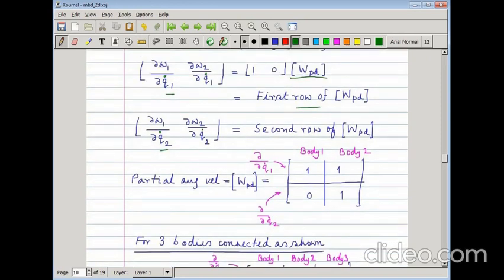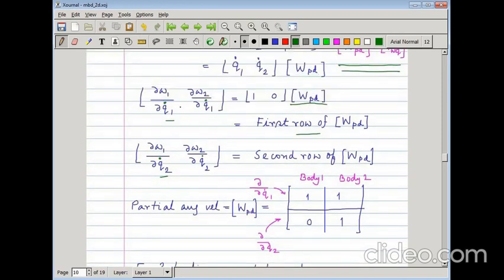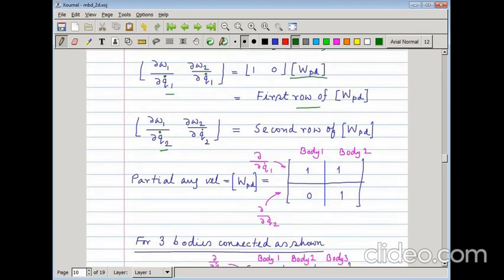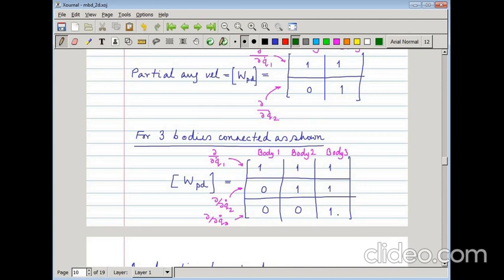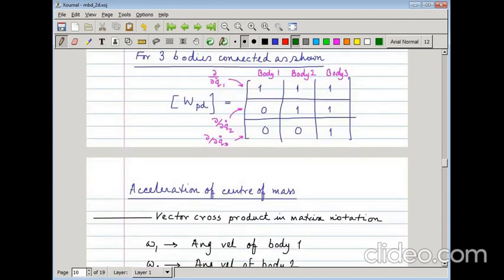So two terms, one getting differentiated by q1 dot and one getting differentiated by q2 dot. So for two bodies the partial velocity will be two rows, two columns. And for three bodies it will be three rows, three columns.